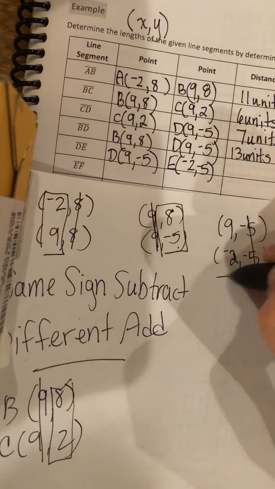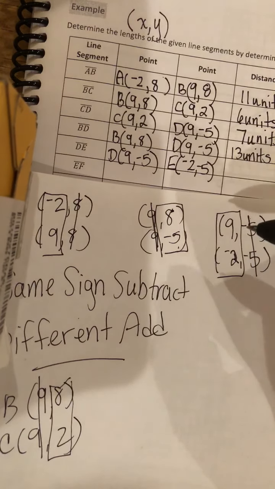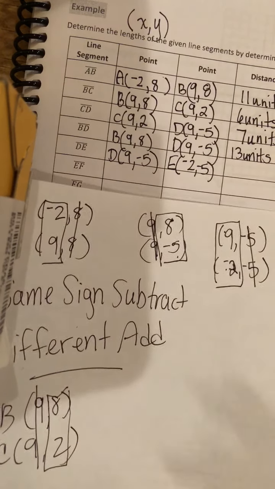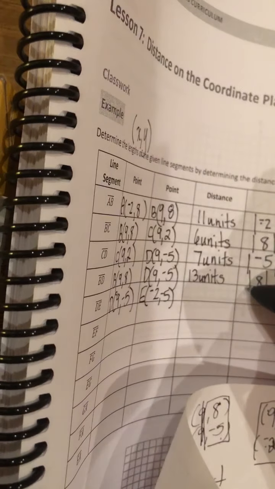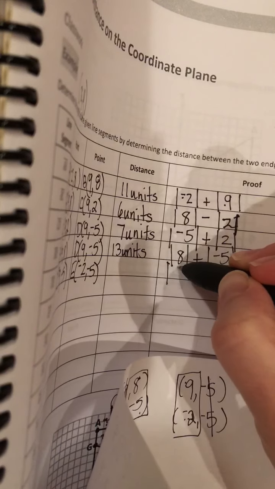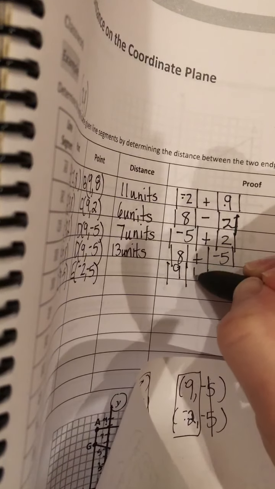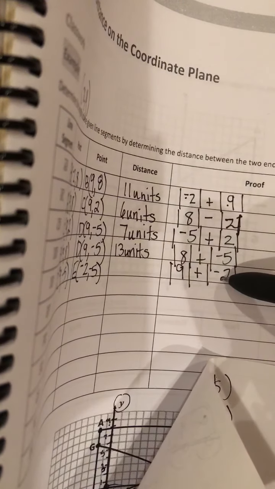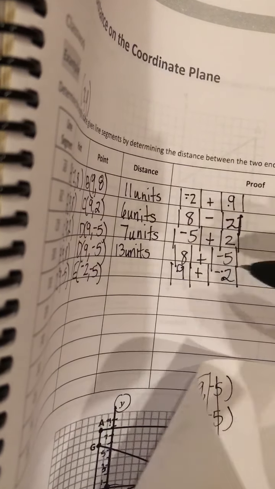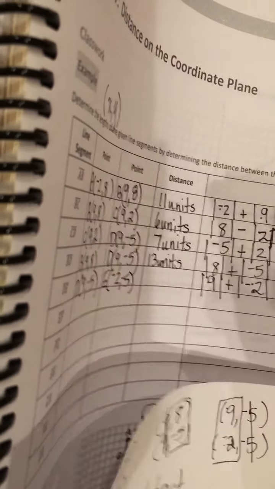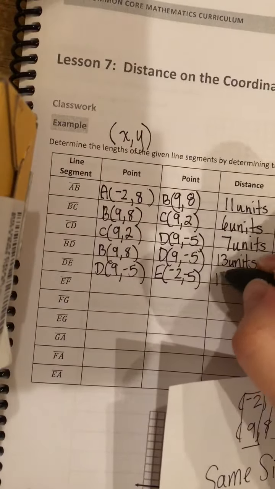Cross out the ones that are the same, and I say same sign, subtract, different, add. I have a negative and a positive. Different signs, add. So 9 plus 2 is 11, but I need to proof it with an absolute value statement. So absolute value of 9 plus the absolute value of negative 2, sorry. So absolute value of all of these are positive because absolute value, remember, is always positive. So 9 plus 2 is 11 units.